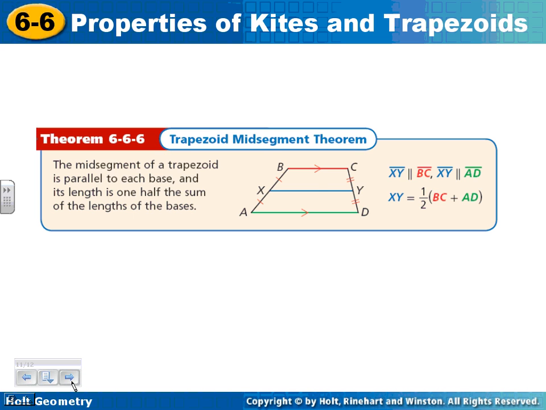First of all, it's parallel. So I can go ahead and put that arrow on that blue midsegment. But the way all this is worded, it's 1/2 times the sum. All that means is average. Just average the length of the bases, which means add them up and divide by 2.